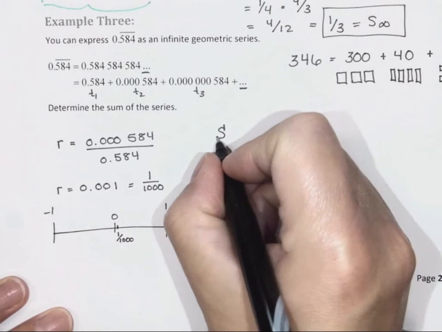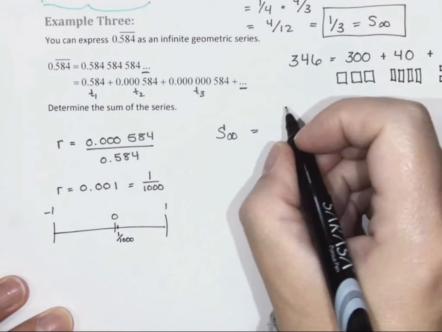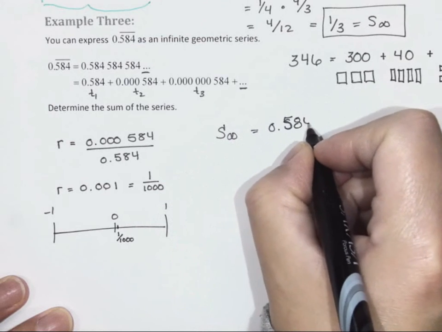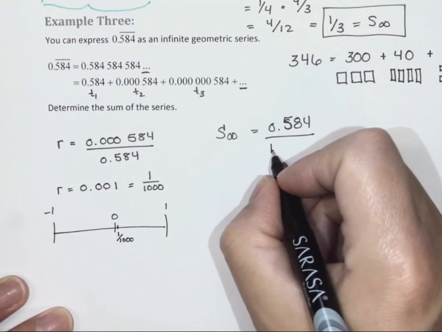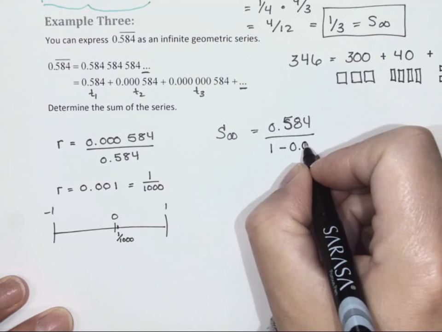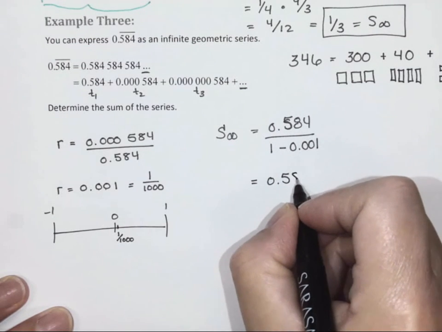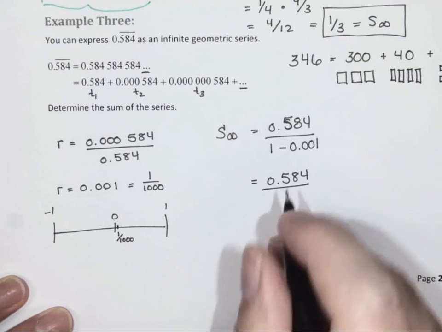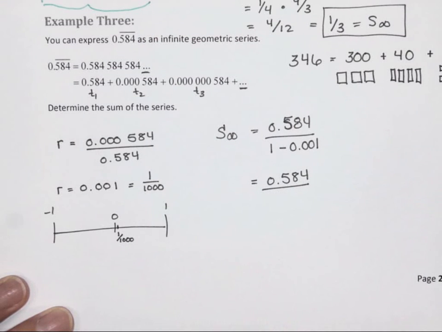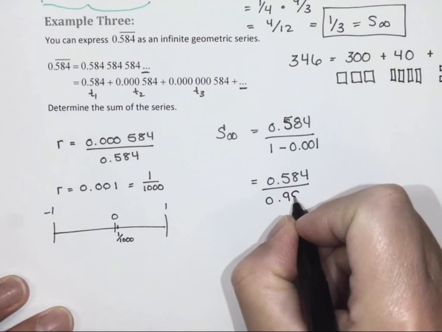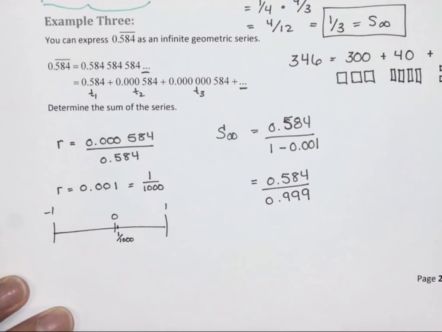So now we're going to do our infinite sum. Our T1 was 0.584, divided by 1 minus 0.001. So we're going to have 0.584 divided by 0.999.